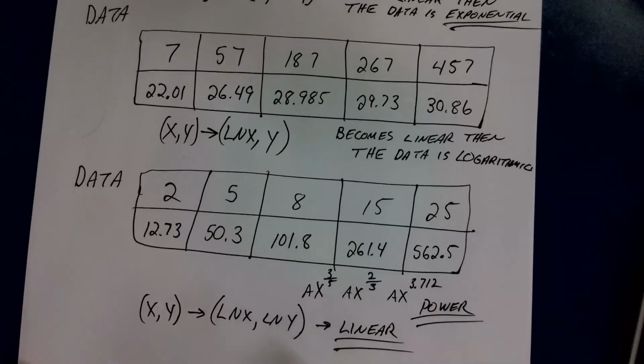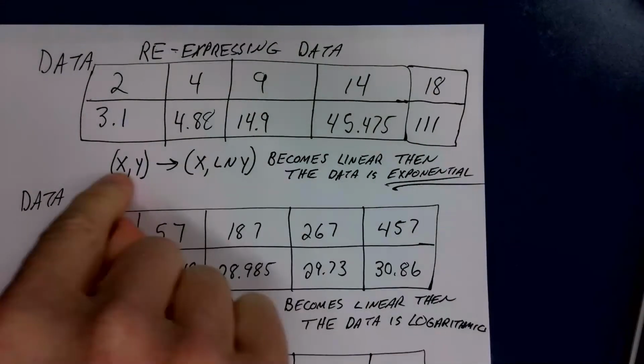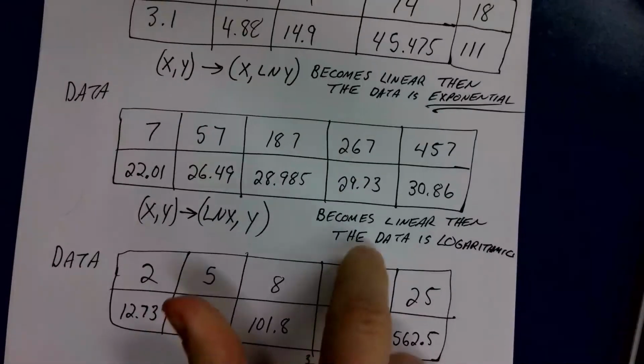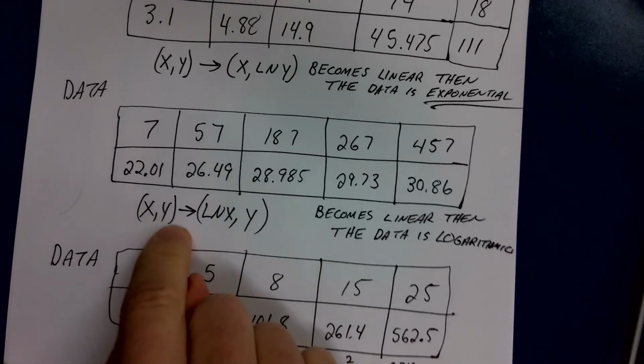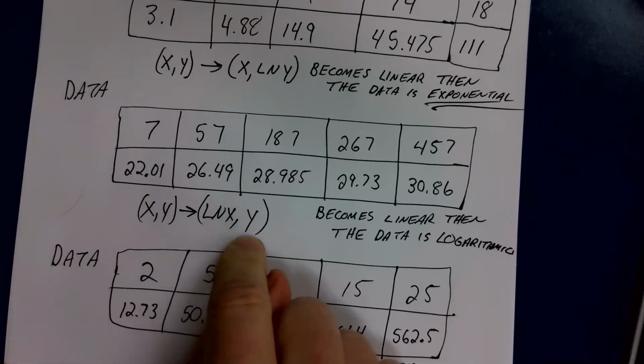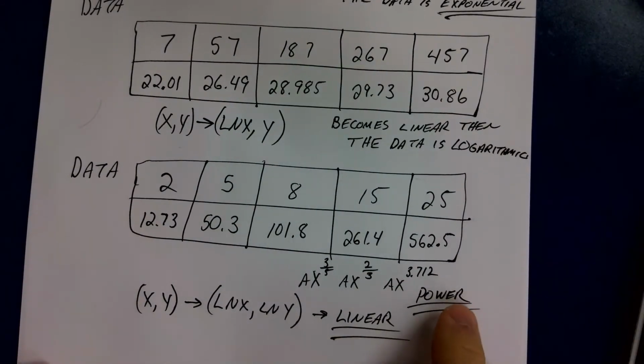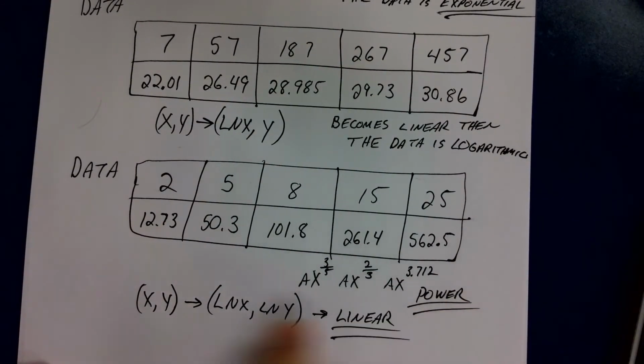Okay, so again, this data was exponential because when I re-expressed it as x comma ln y, it became linear. This data is logarithmic because when I re-expressed it as ln x comma y, it became linear. And this data, I believe, is going to be a power function if when we re-express x and y as ln x, ln y, it becomes linear.